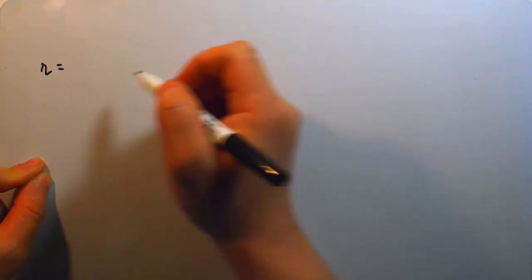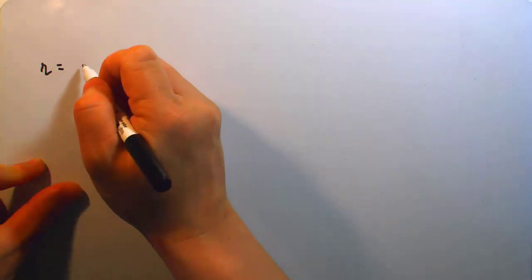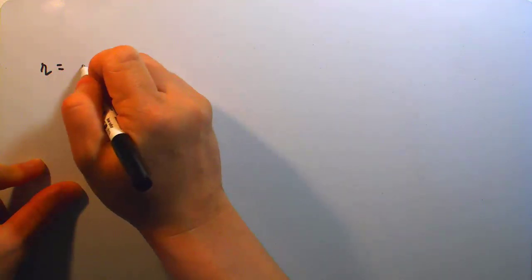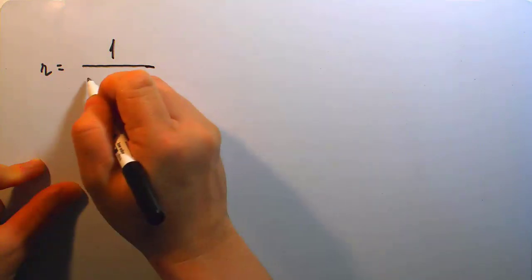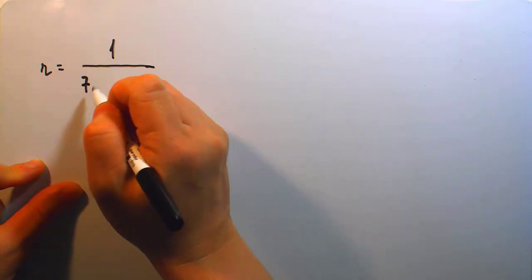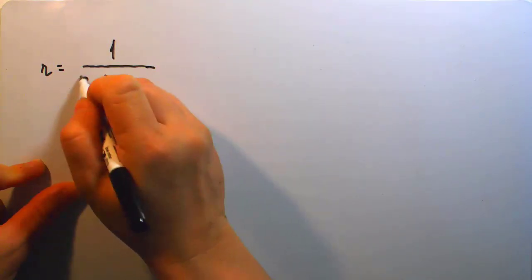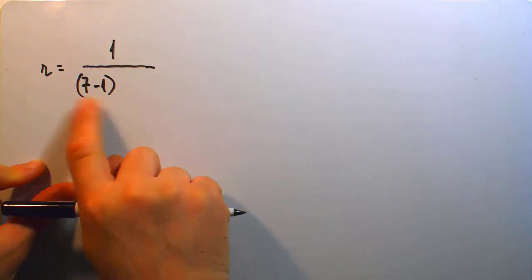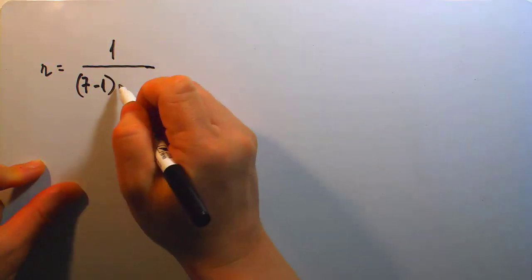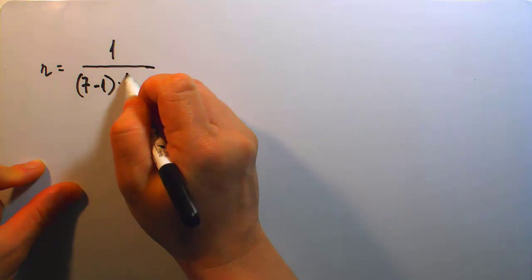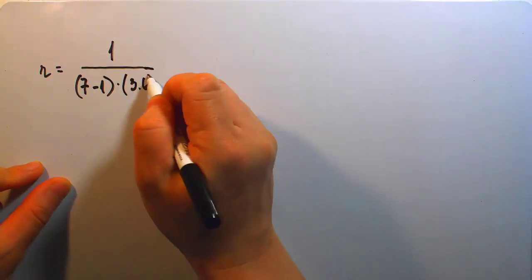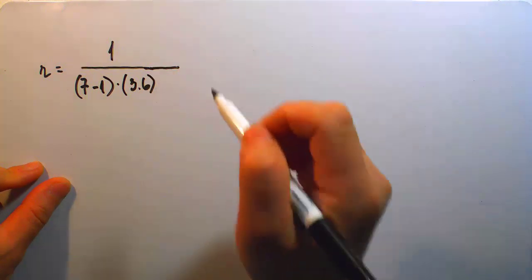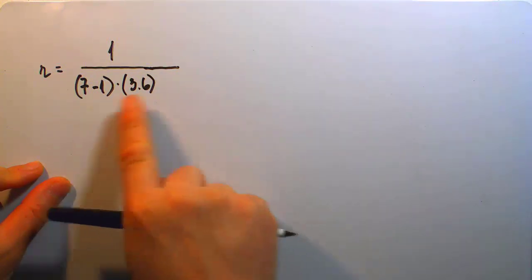So for the correlation coefficient we're calculating here, if we are using the formula, I'm going to go 1 over my number of pairs, 7 minus 1. So that's the number of pairs minus 1, which is going to give me a 6. Then in the denominator, I'm going to multiply with 3.6, and as I write down my formula, you can start recognizing what these values are in the formula.